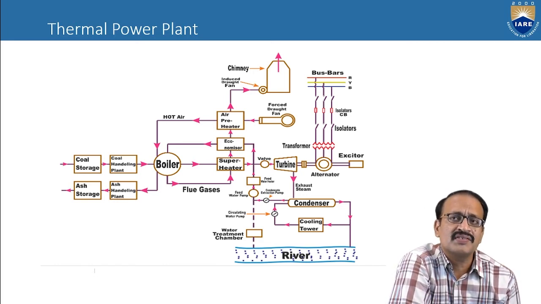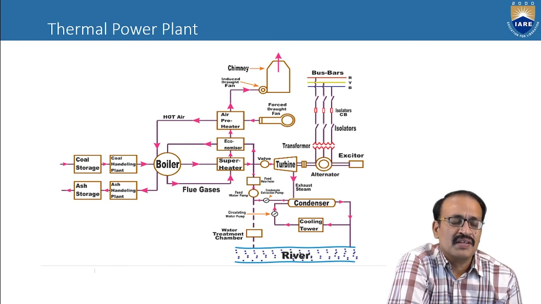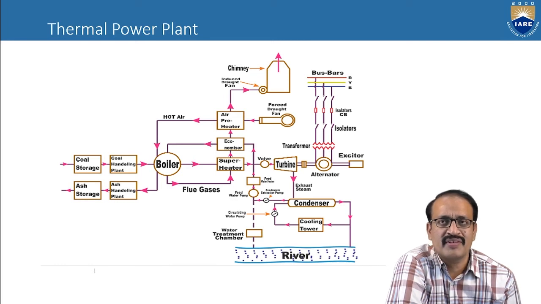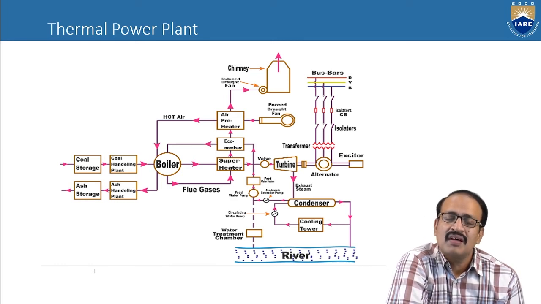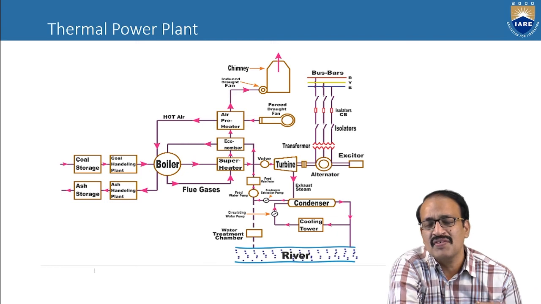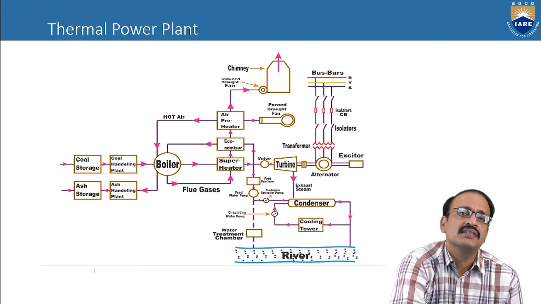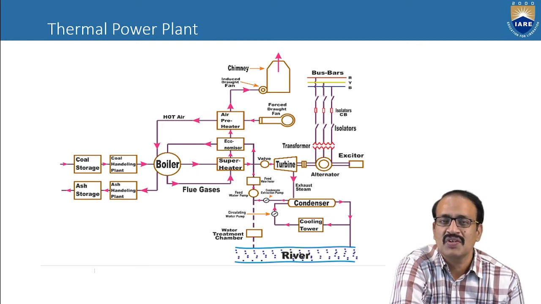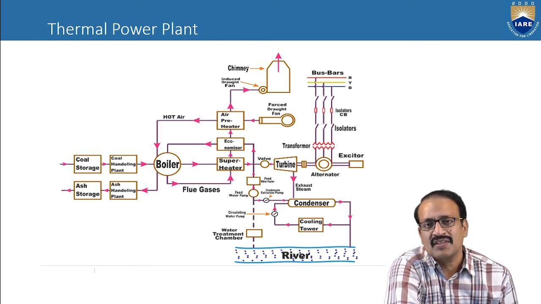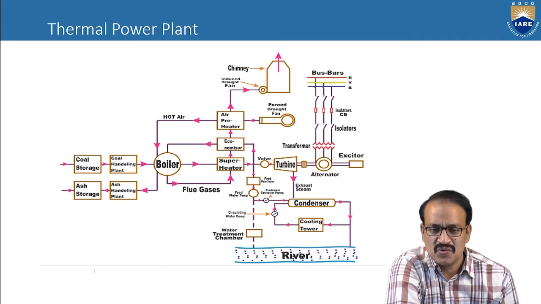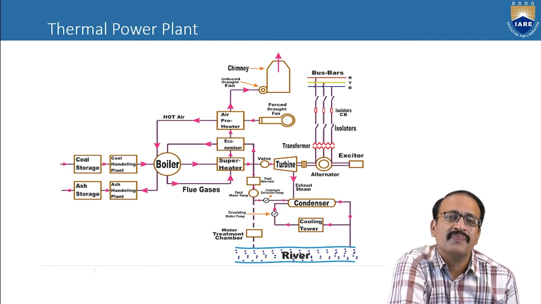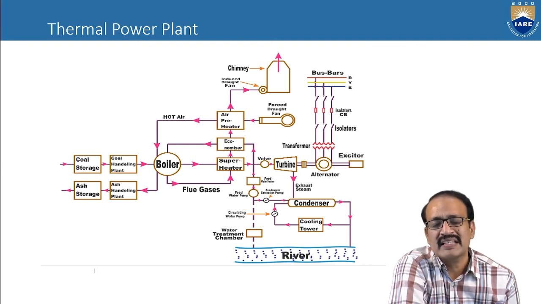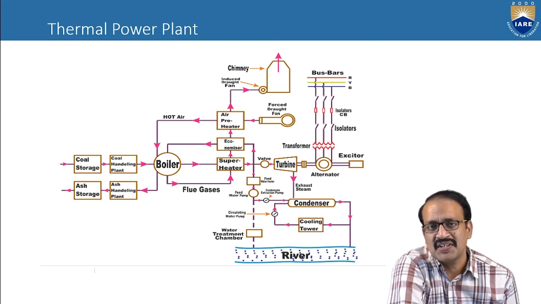Afterwards, the remaining heat of that flue gas is absorbed in the air preheater, where the air which we supply to the boiler is heated. So the heat of the flue gas which would otherwise go wastefully out of the boiler, we are using to increase the economy and efficiency.